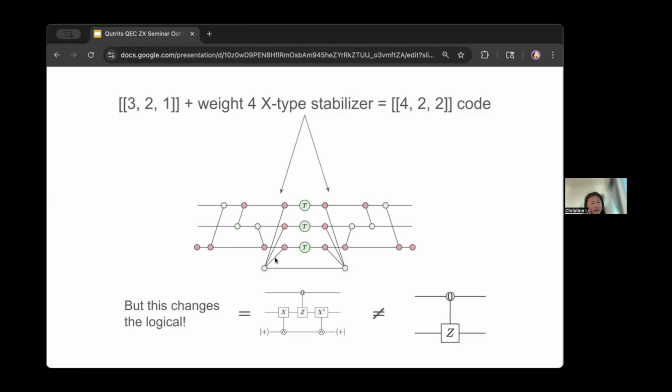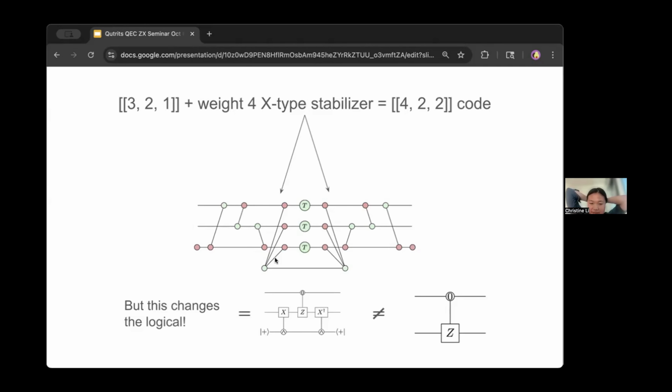Yeah, I guess if you expand out the zero controlled Z with the symmetric form, then you can rewrite it so that the support is on all three of the physical qutrits.